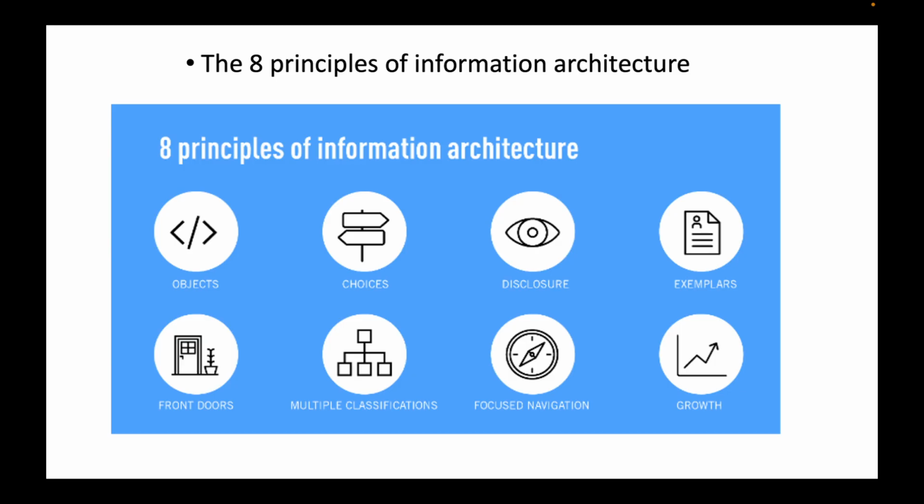So these are some basic principles of information architecture which you can represent in text, or by using these icons you can identify the meaning of each and every object, image, and text of your design.